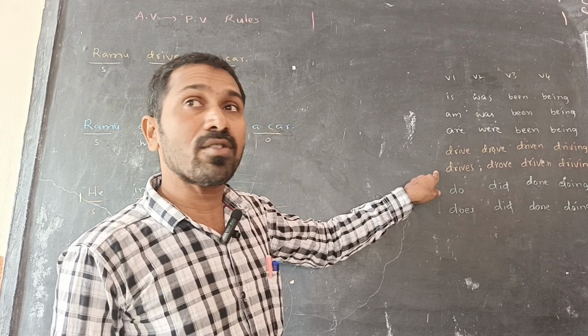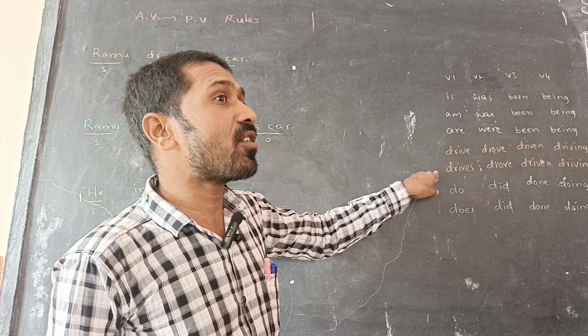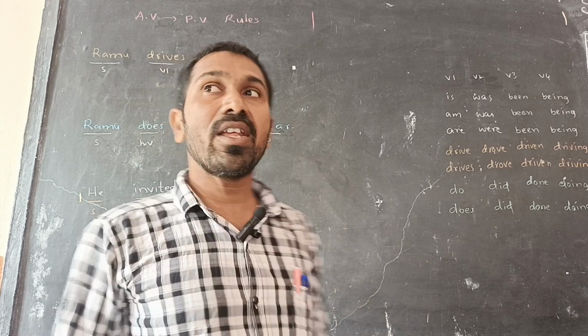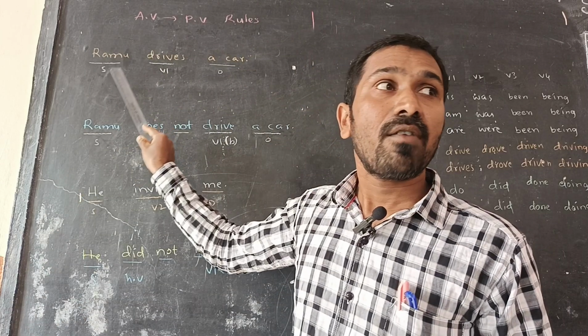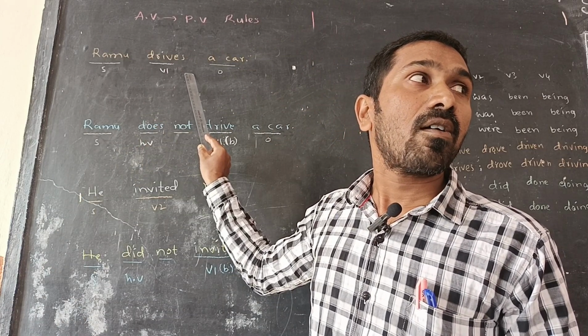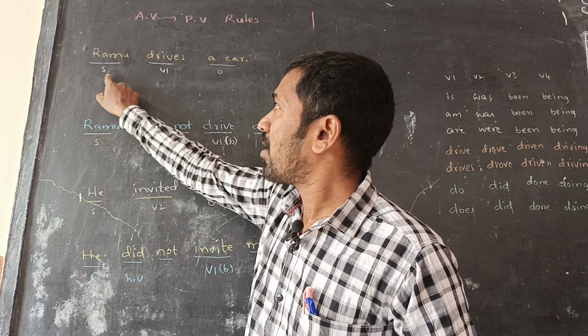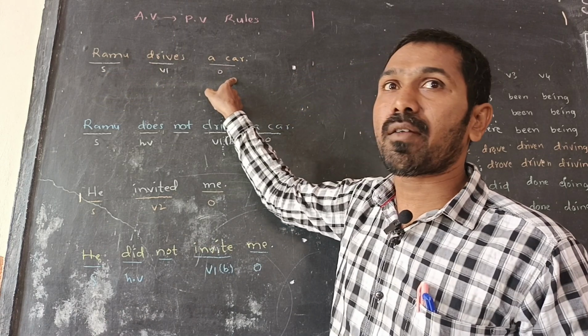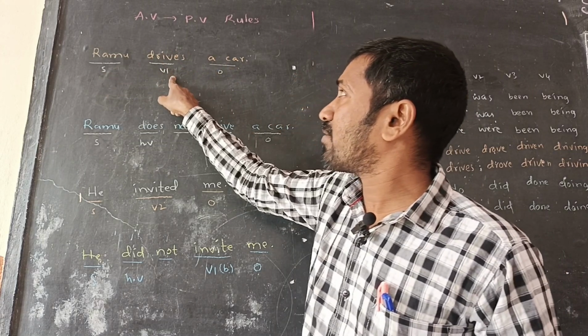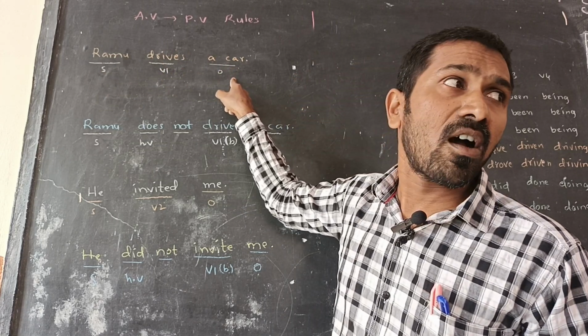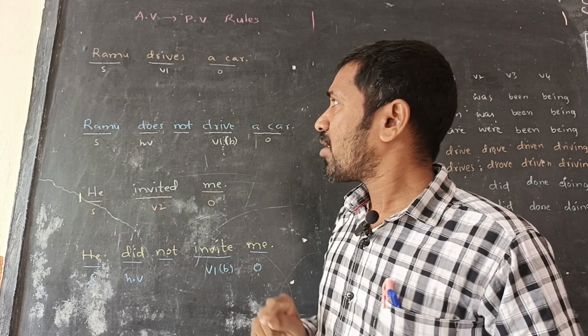When there is s or es to the verb, then it is singular. As Ramu is singular, we have to use the singular verb, which is drives. Okay. Ramu drives a car. Ramu is subject, drives is V1, a car is object.